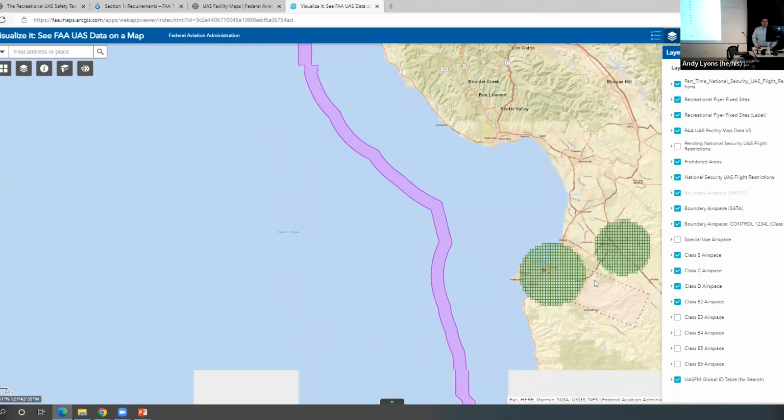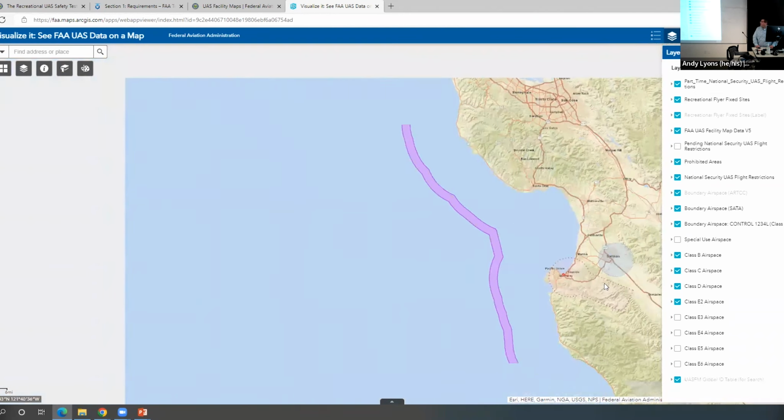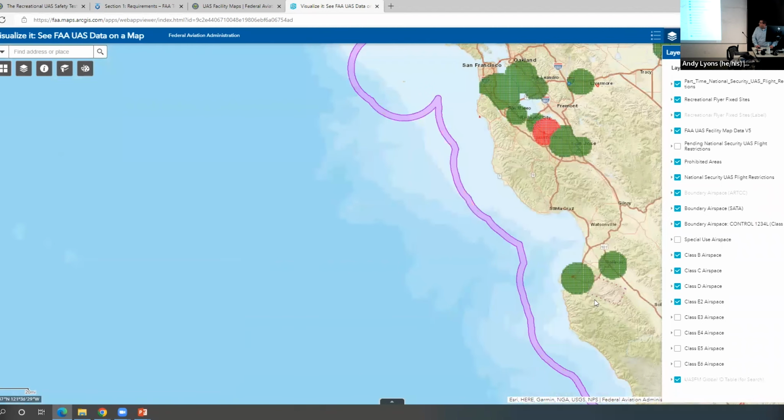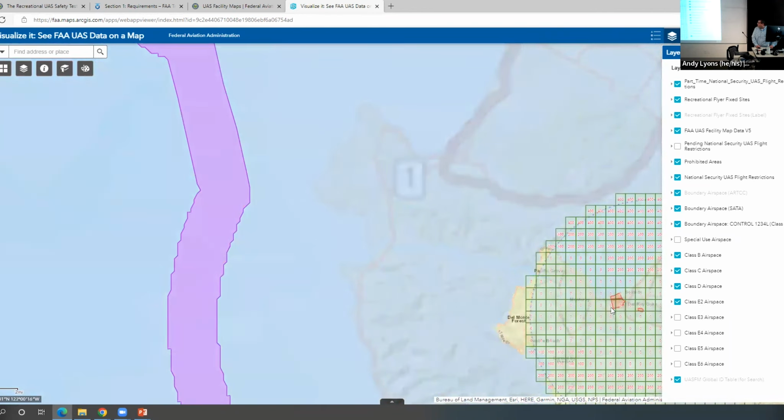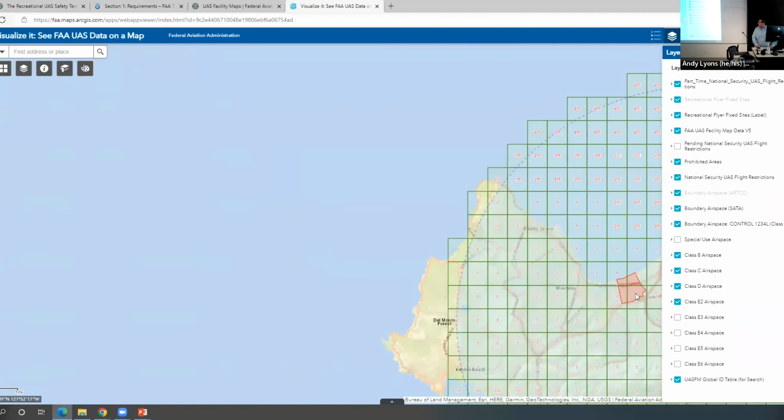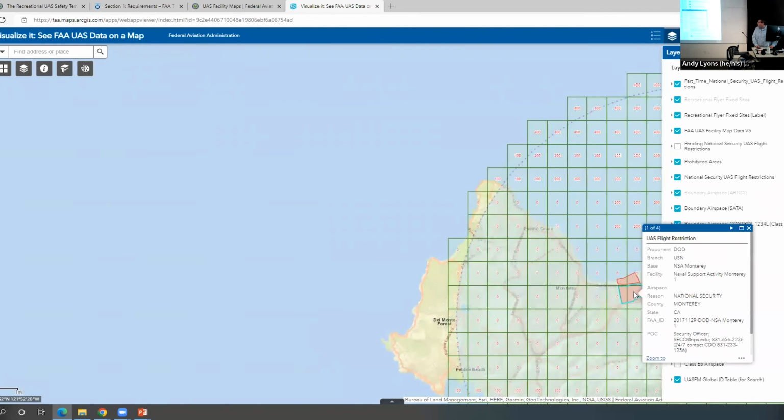Are military airspaces separated, or are they also included? Military airspaces and military areas are included on this map. In fact, you'll see right here in this bright red, it should tell you the no-fly zone. That is one of the naval bases.